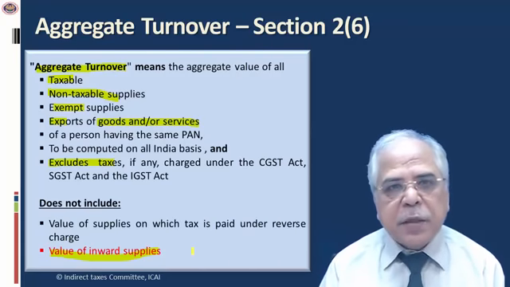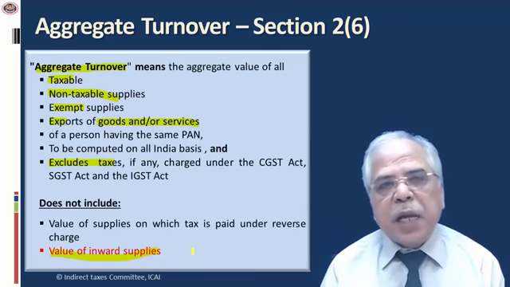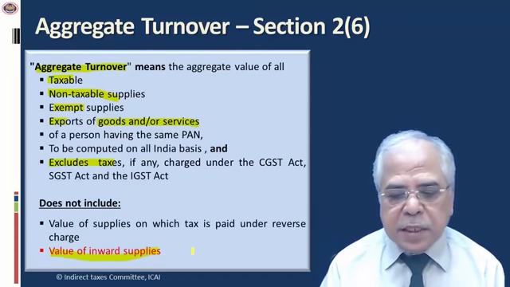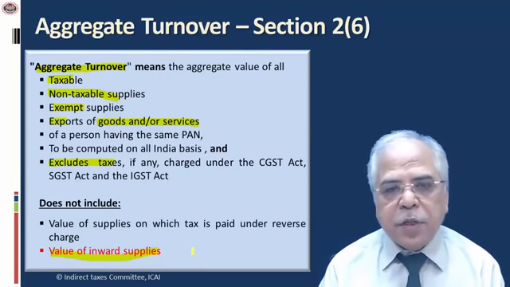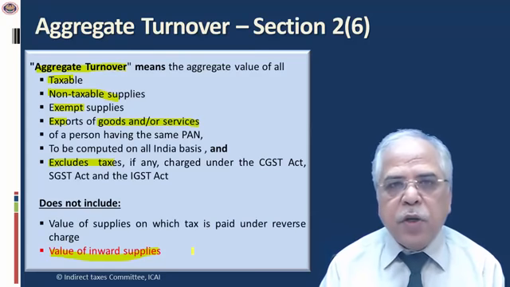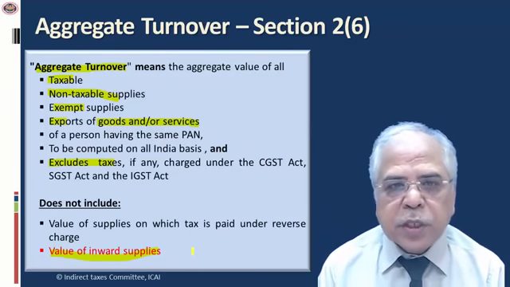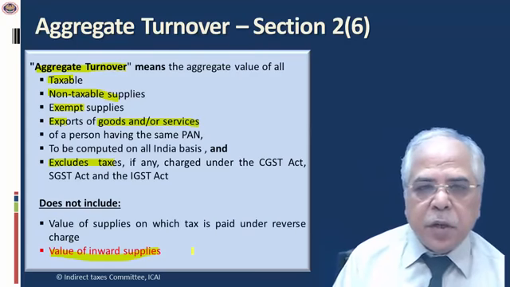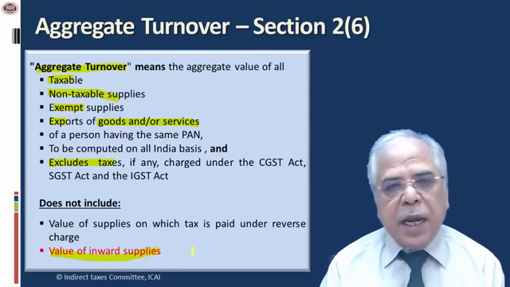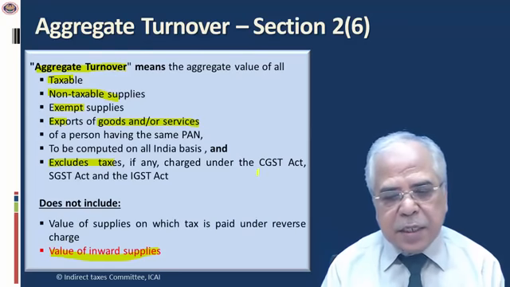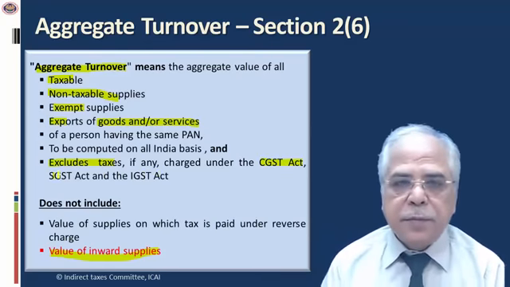In that particular year, my purchases may be more than 50 lakh, but if my outward supplies are less than 50 lakh, I can certainly opt for the composition scheme. This clarity will go a long way because there have been disputes earlier on. Now it has been made absolutely clear that for the purpose of eligibility for the composition scheme, I have to consider my outward supplies, which include taxable, non-taxable and export, etc. And taxes levied under GST, that is CGST, SGST and IGST, are not to be considered.